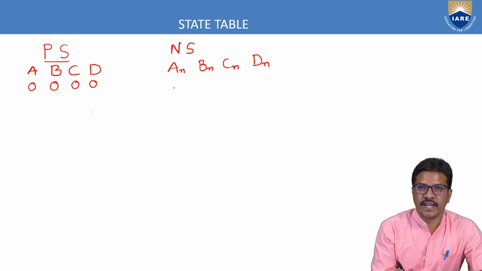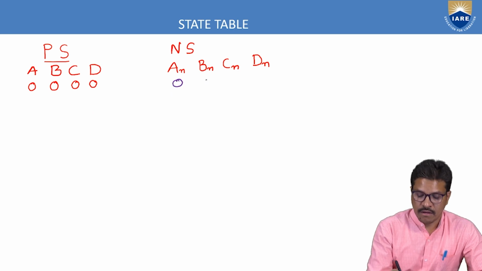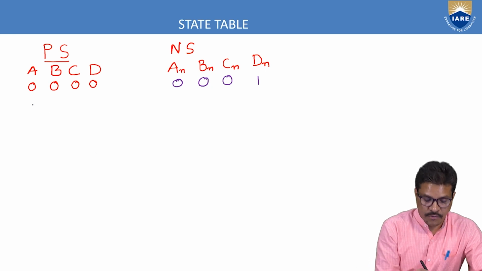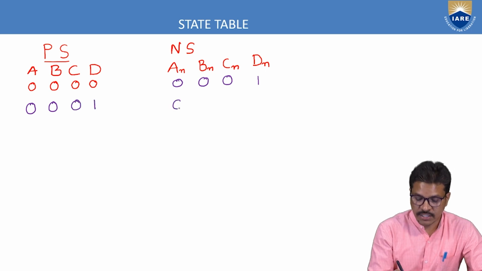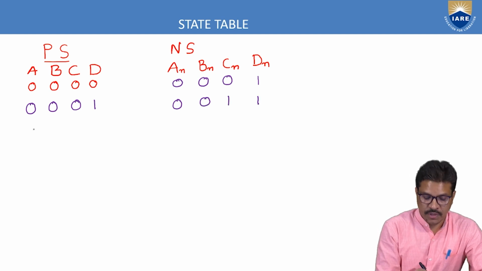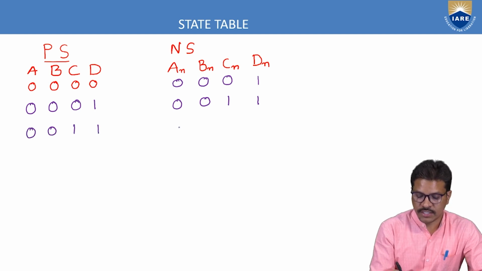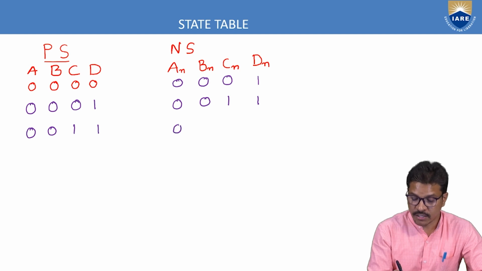If it is 0, 0, 0, 0, the next state is the first odd number, 0, 0, 0, 1. If the present state is 0, 0, 0, 1, the next odd number is 0, 0, 1, 1, nothing but 3. If the present state is 0, 0, 1, 1, the next odd number is 0, 1, 0, 1.